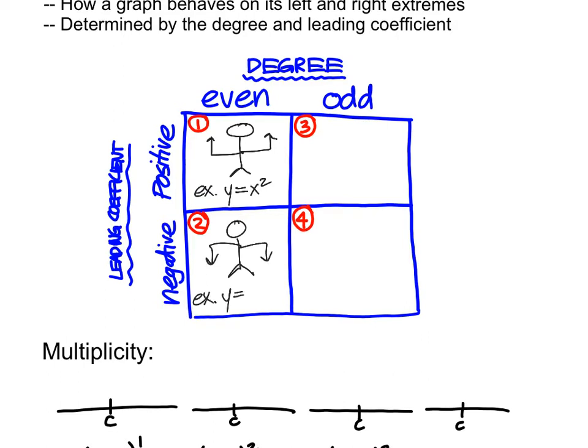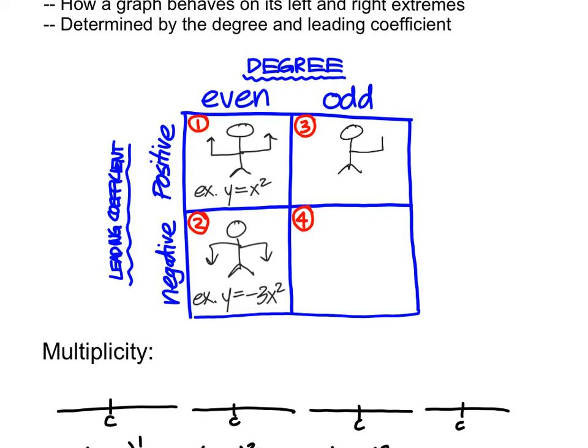And so maybe negative 3x squared. It could also be x to the 4th, x to the 6th. So it looks like when the degree is even, the left and right end behavior are the same.